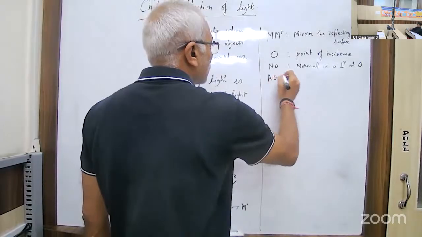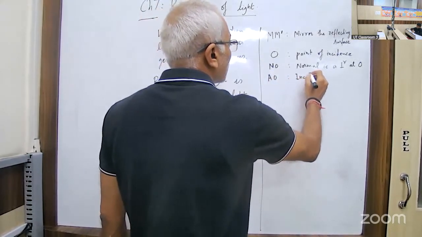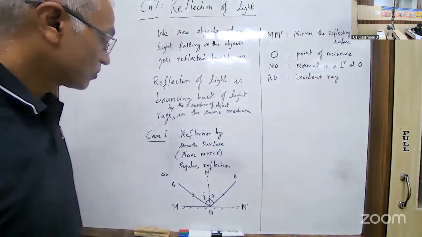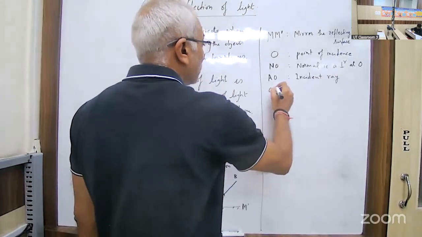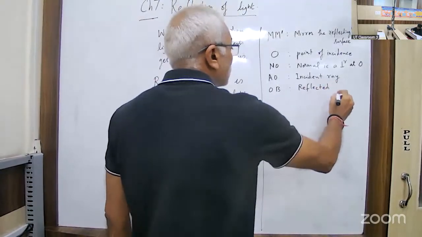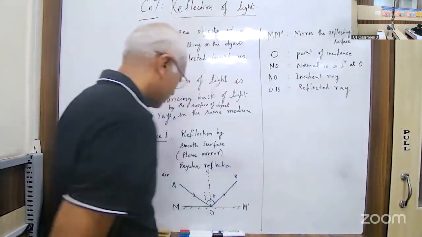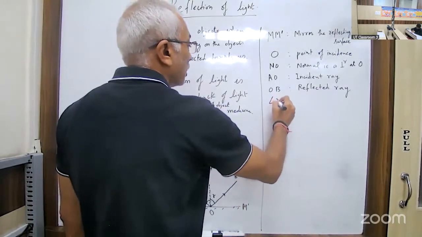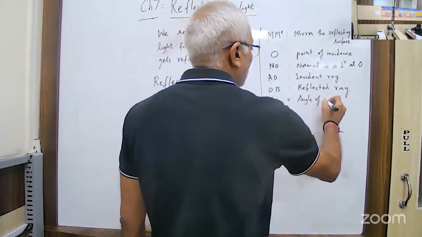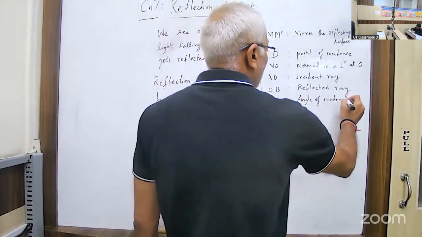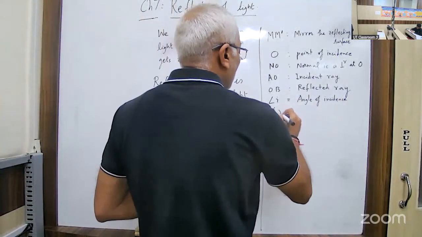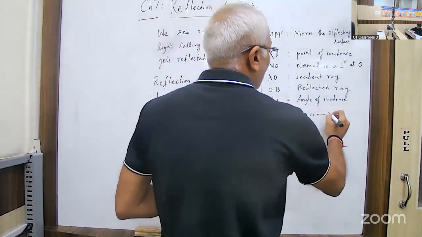AO is the incident ray. OB is the reflected ray. Angle i is the angle of incidence, and angle r is the angle of reflection.